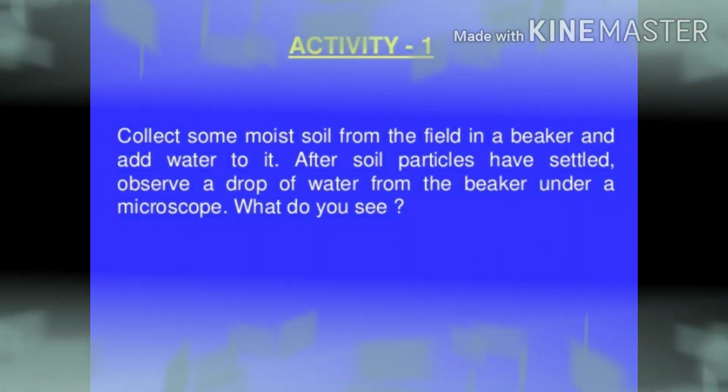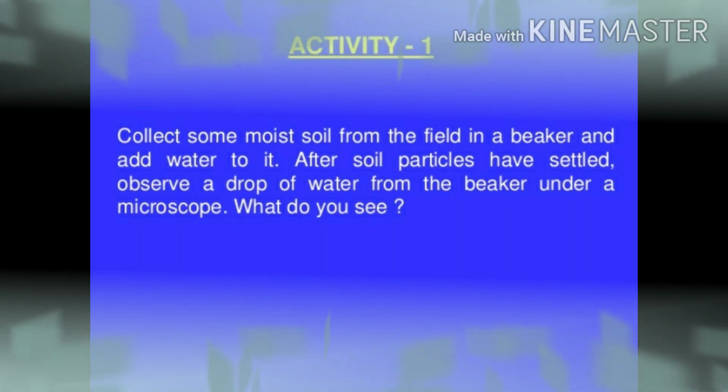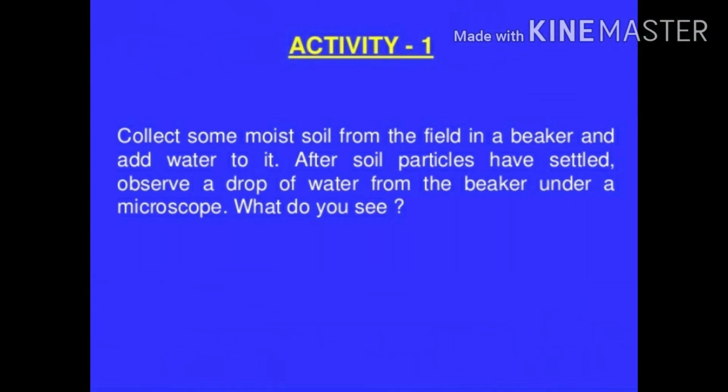So, we'll start with the first activity. Collect some moist soil from the field in a beaker and add water to it. After soil particles have settled, observe a drop of water from the beaker under a microscope. What do you see? Here in the observation, we can see the moist soil has a number of bacteria and microorganisms.